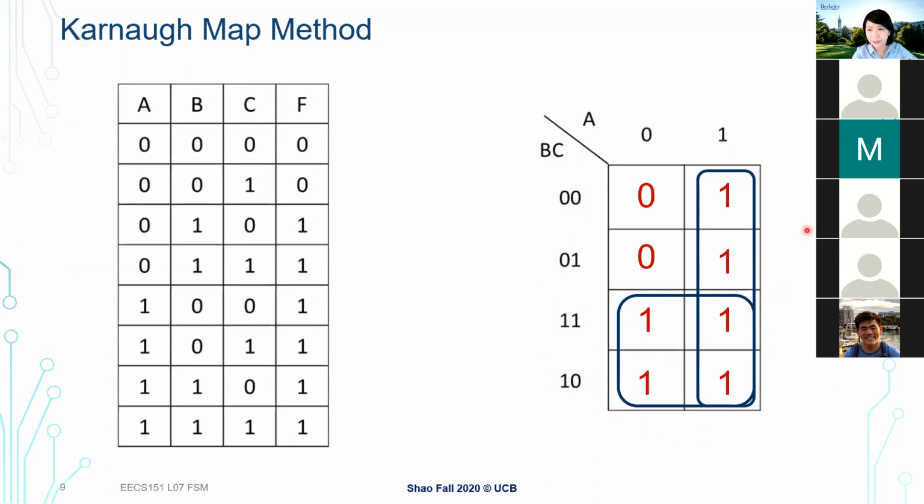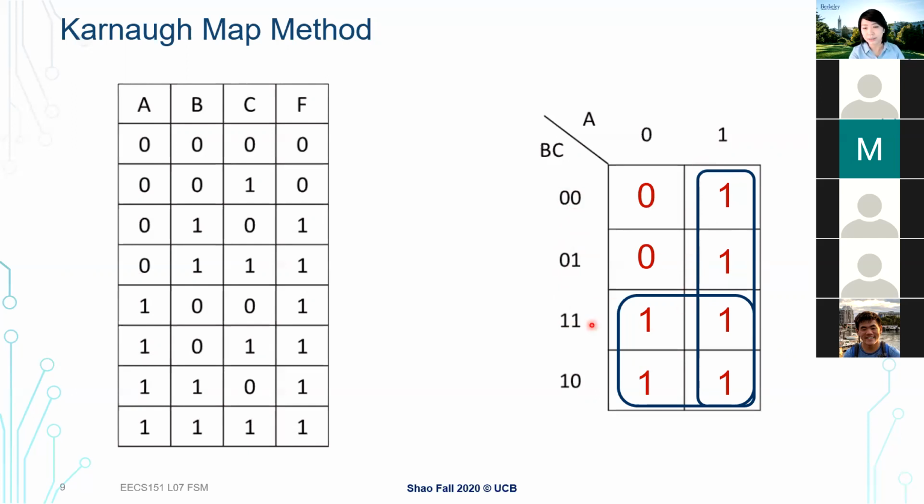We can do another exercise with this skinny circle here. Here we see the output, as long as A is 1, is independent of the different combinations of B and C. No matter whether B is 0 or C is 0, it's always 1.